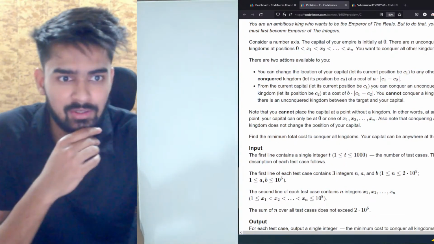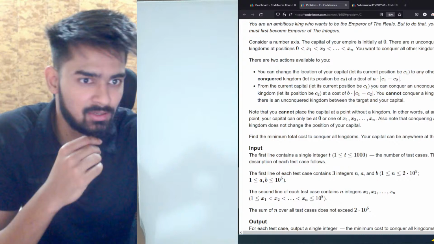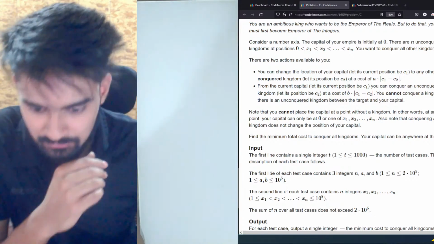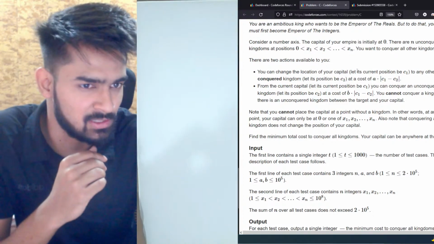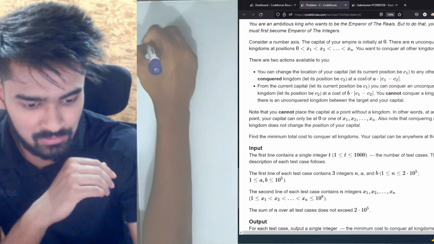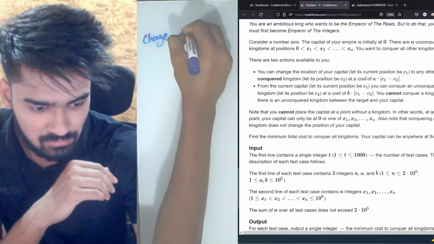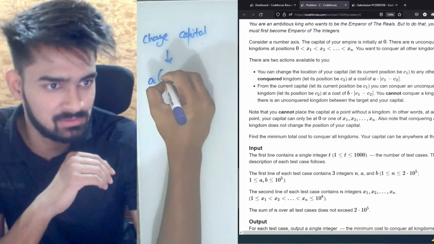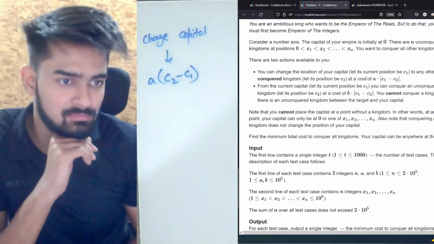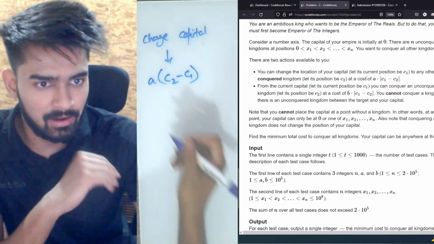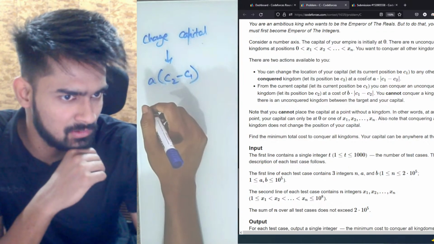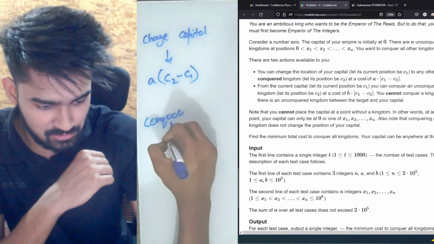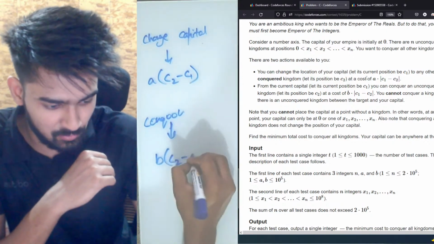There are two actions available to you. You can change the location of the capital to any other conquered kingdom at a cost of a times |c2 minus c1|. To conquer, from the current capital, your cost is b times |c2 minus c1|.